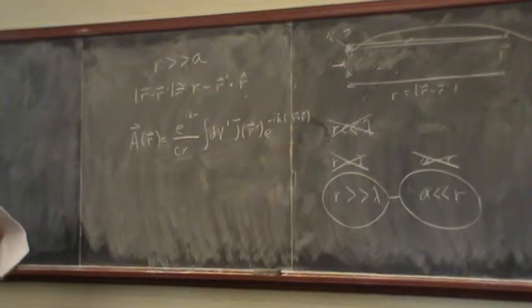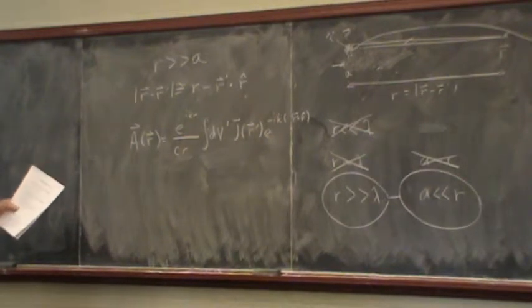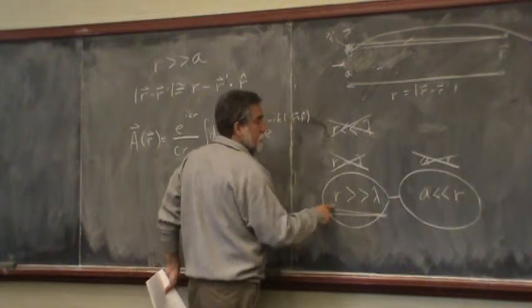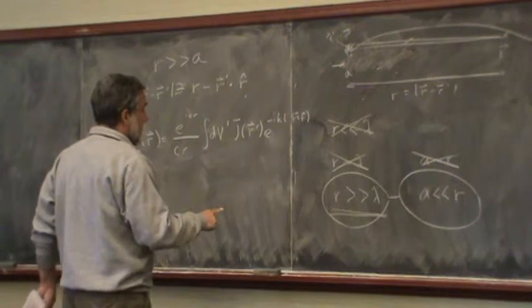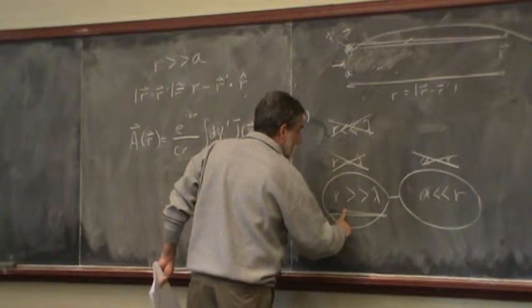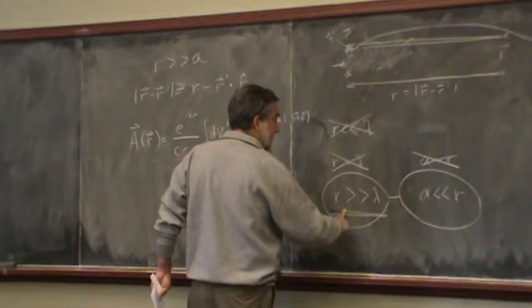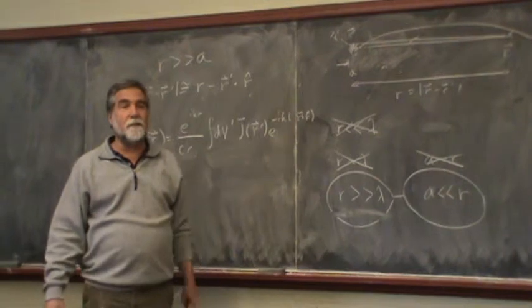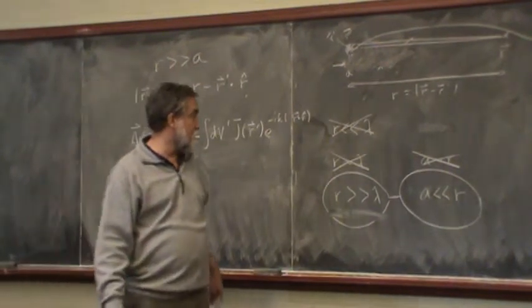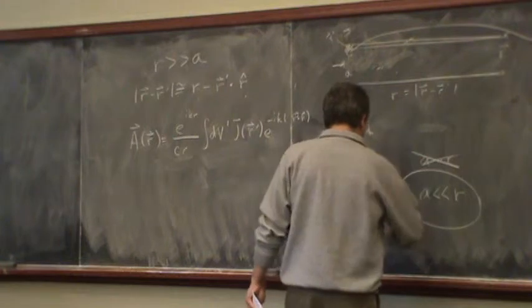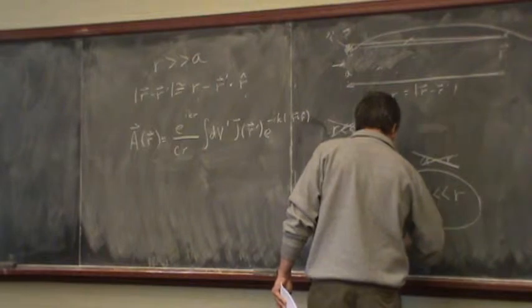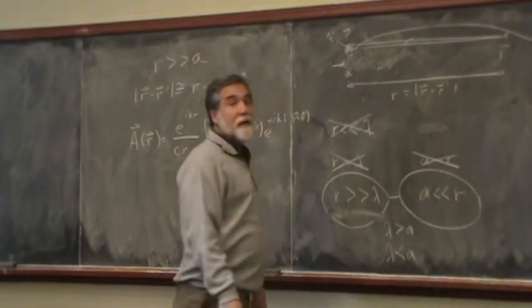Because I'm in this limit here now, there's one more set of approximations. I'm combining these two, right? I can have lambda greater than A, lambda of order A, and lambda less than A, where A is the size of the system.